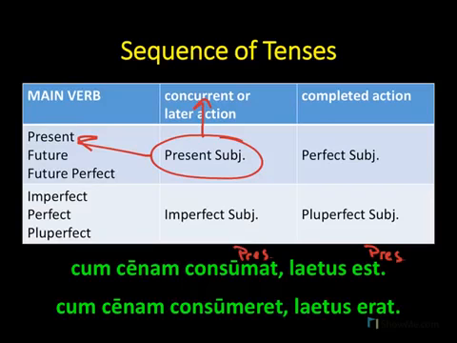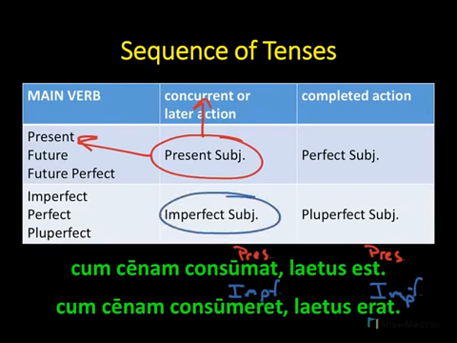In our second example, cum caenam consumeret, laetus erat. Erat is an imperfect indicative verb, and consumeret is in the imperfect subjunctive. And so this puts us into this box of the chart. We are working with an imperfect, a past tense main verb, and the imperfect subjunctive then indicates a concurrent action.